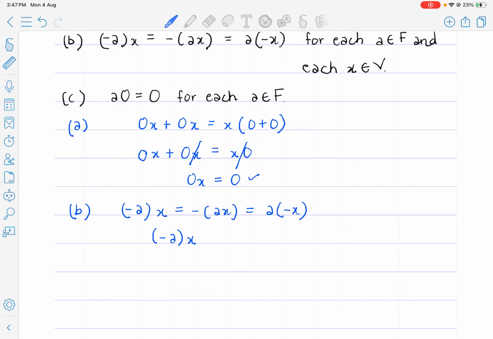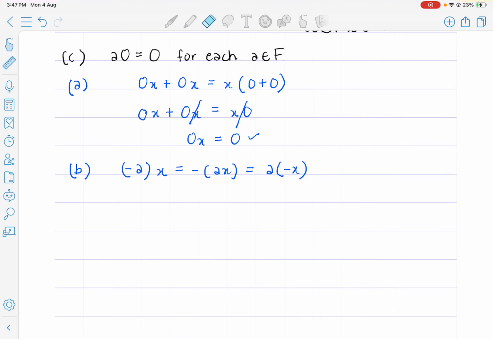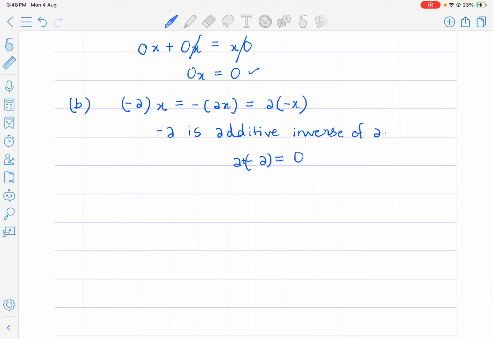What is minus a? Minus a is defined as the additive inverse of a, so a plus minus a is equal to 0. This is what this element is called, minus a.